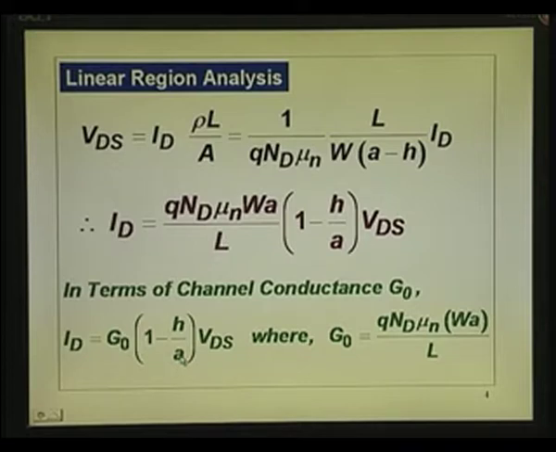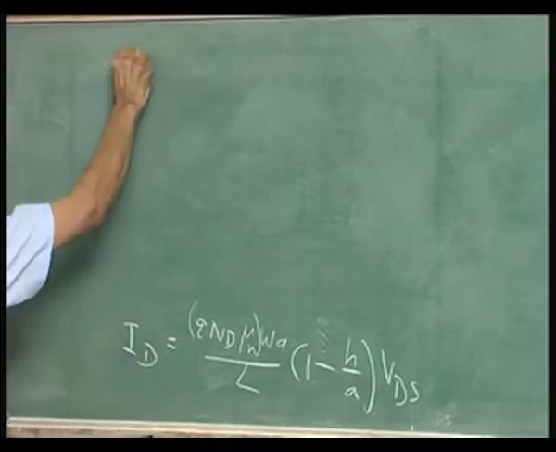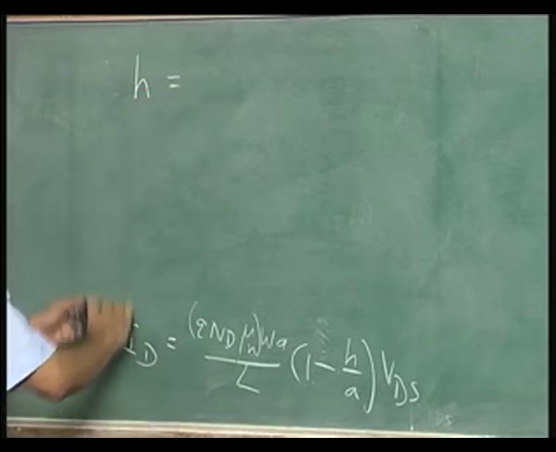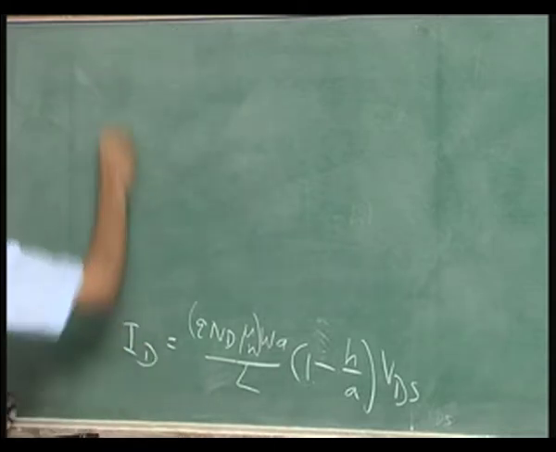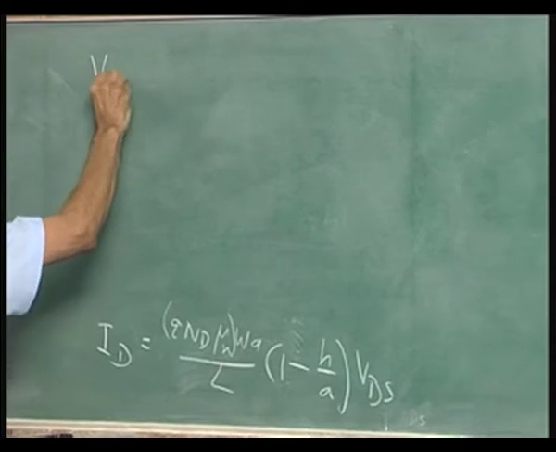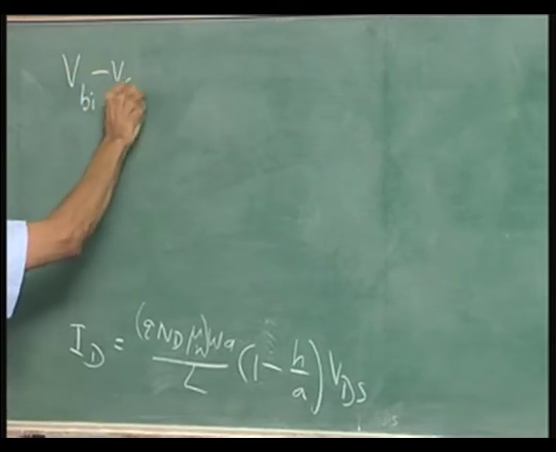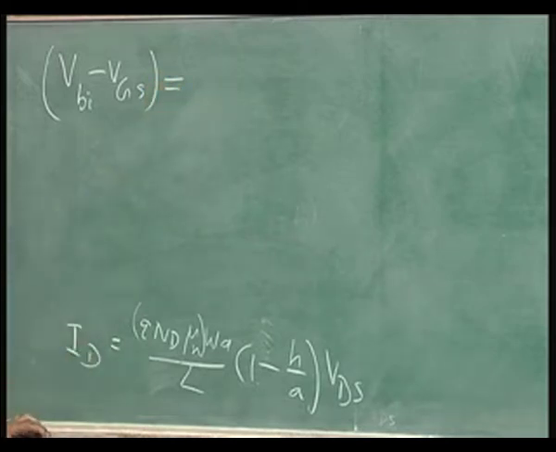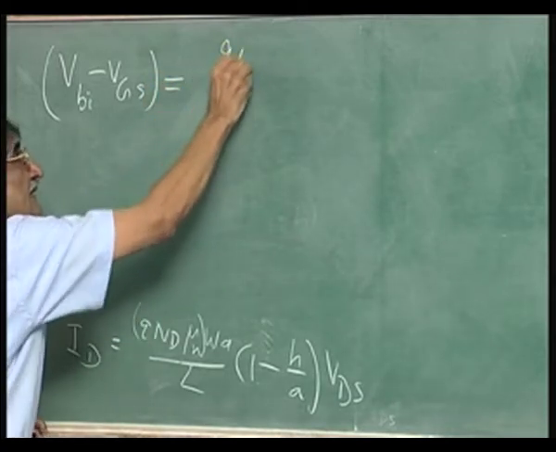Now, let us go into one or two things I want to write here. This is the equation that we have got. We have seen that H is equal to, V B I minus V G S is the total potential across the depletion layer, so I should retain this term.